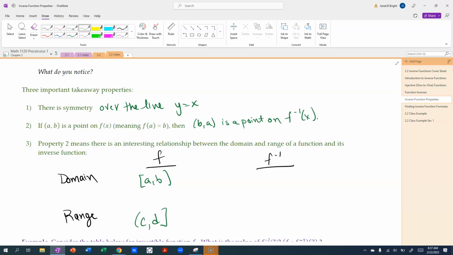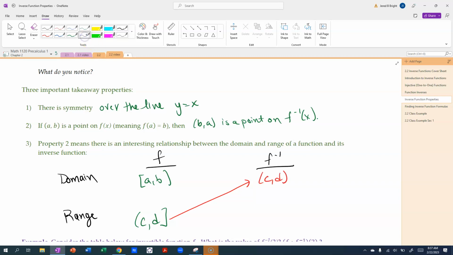Because we switch the coordinates, a goes to b, b goes to a. That means we're interchanging domain and range as we go from the function to its inverse. So if I'm looking at the domain for f inverse, that should be the range of f, so this should be c, d.